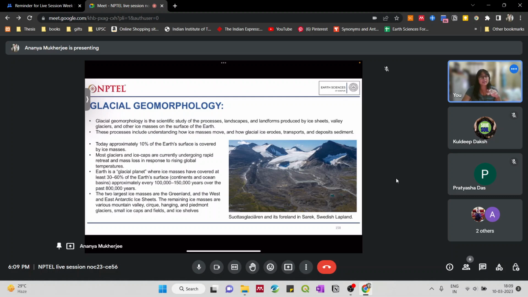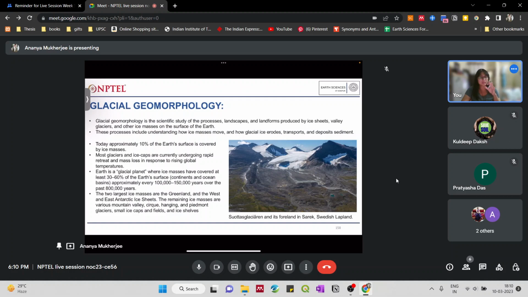Earth in itself undergoes glacial periods, as in the time where large areas on the earth are covered by glaciers, by ice, and they stay frozen for a long period of time. These have climatic implications.